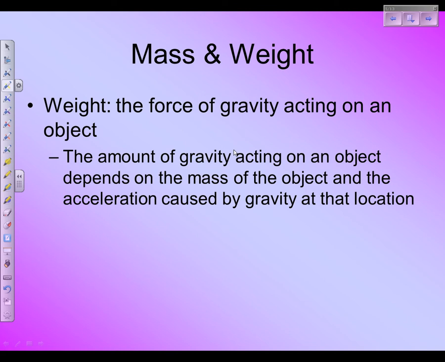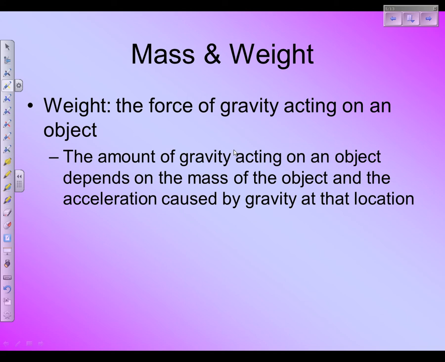So the amount of gravity, or the weight of an object, depends on its mass and the acceleration caused by gravity at whatever location it's in, which takes into account that whole distance idea. It also takes into account the mass of the other object, whether it's the Earth or the moon or whatever it might be. So don't think that this contradicts what you wrote earlier in your outline. It's just a different way of stating the same thing.